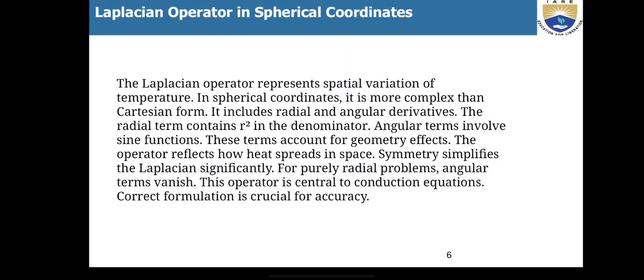Laplacian operator in spherical coordinates. The Laplacian operator represents spatial variation of temperature. In spherical coordinates, it is more complex than Cartesian. It includes radial and angular derivatives. The radial term has r squared in the denominator.